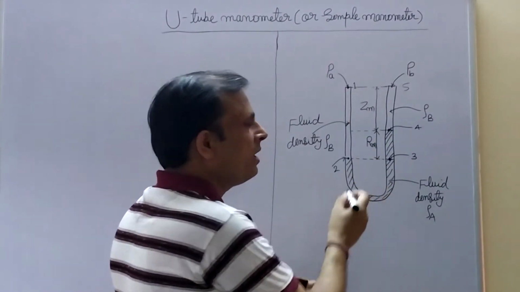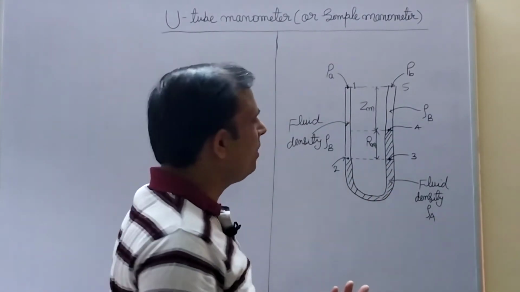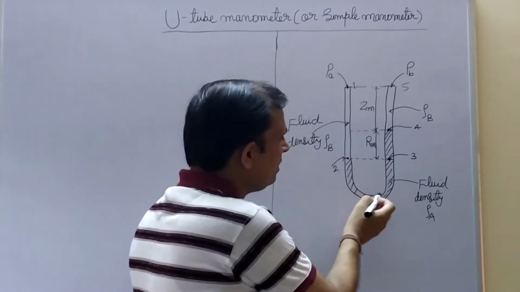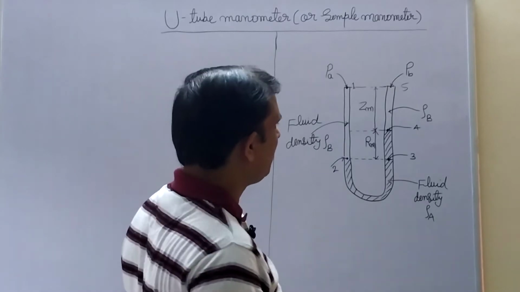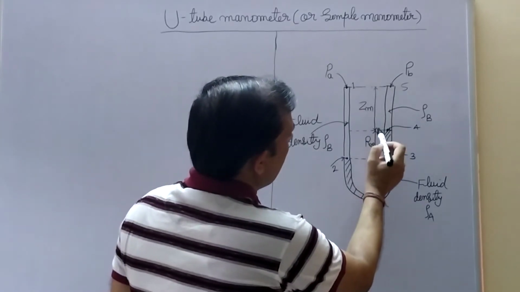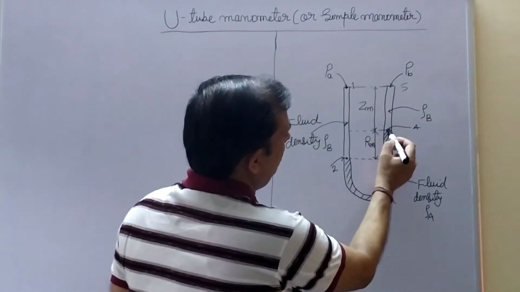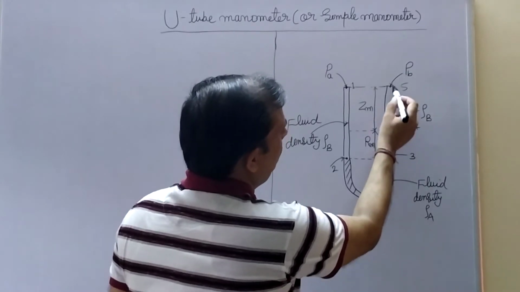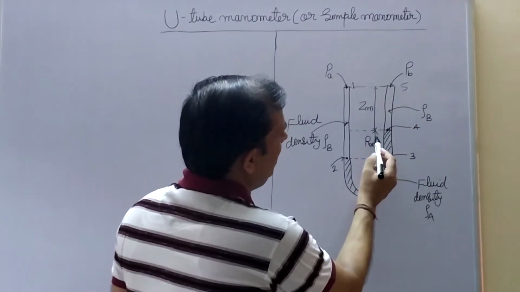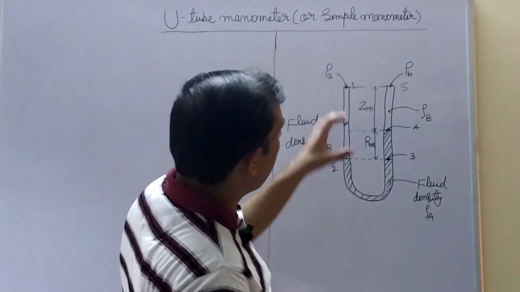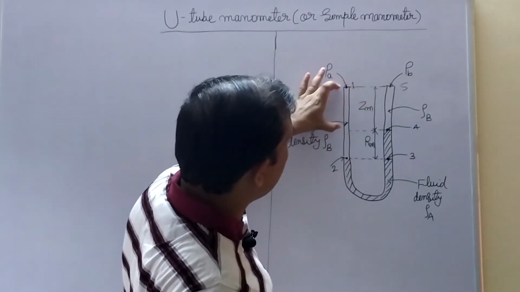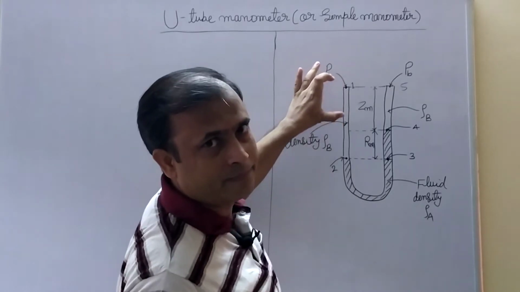This fluid may be mercury or a fluid whose density is more than the flowing fluid. And this Zm is the height from point 4 to 5, and Rm is the height from point 3 to point 4. The total height from here to here will be Zm plus Rm.